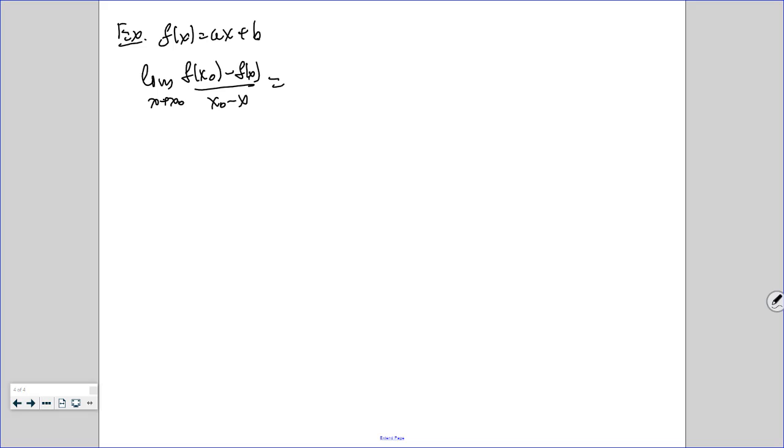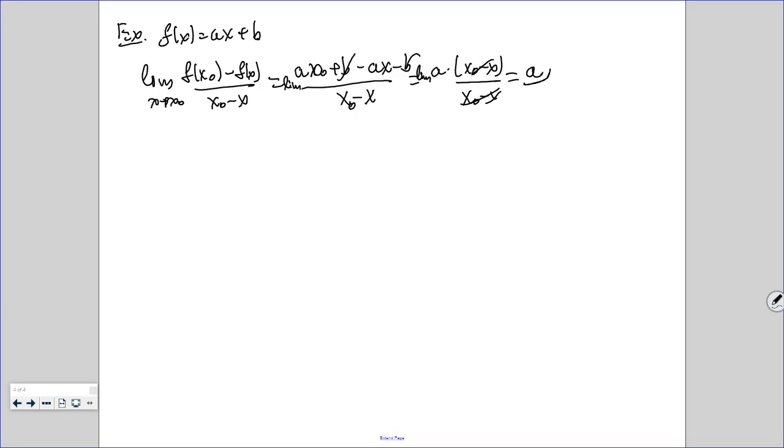You get that this is equal to (ax0 plus b minus ax minus b) over x0 minus x, and the b cancels out, so this is the limit of a times (x0 minus x) over (x0 minus x). The limit of a constant is the constant, and we prove it's a.